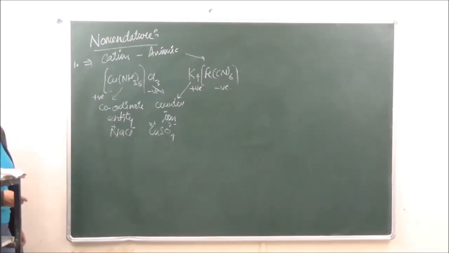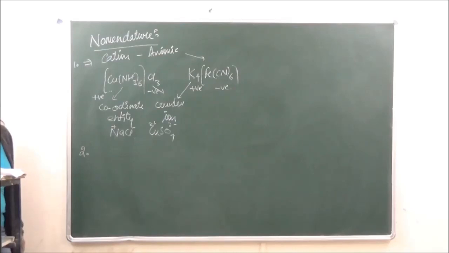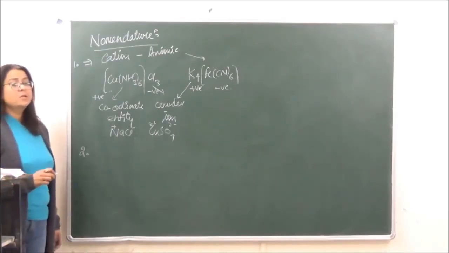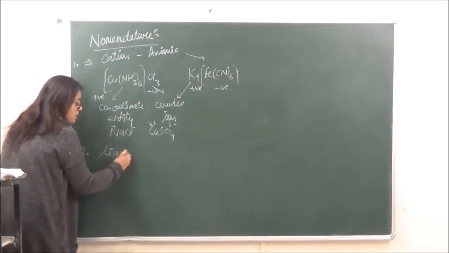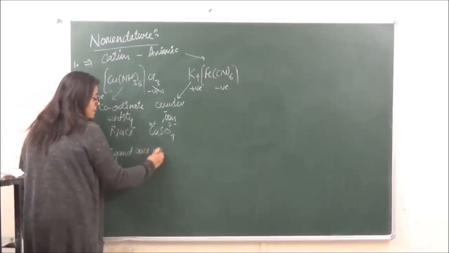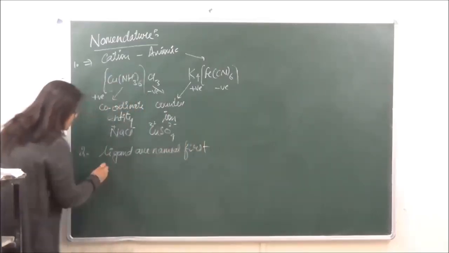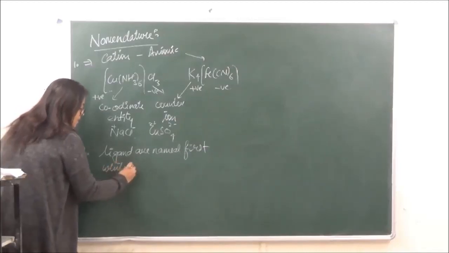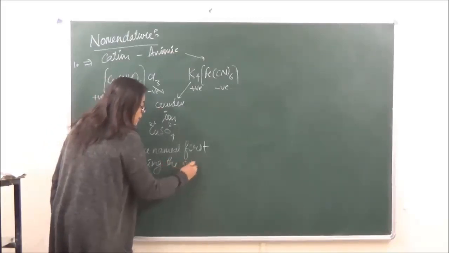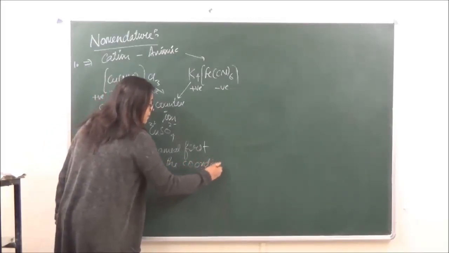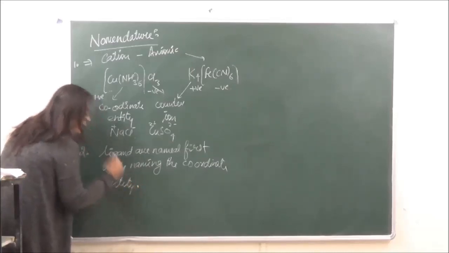The second rule we are saying is that whenever there is a complex ion present, that is, when we are naming the coordinate entity, the ligands are named first. Ligands are named first while naming the coordinate entity.